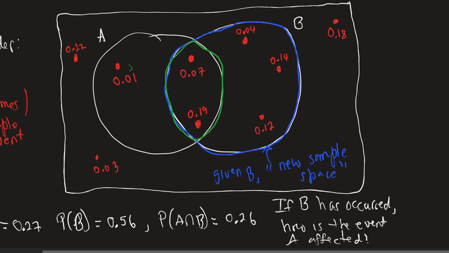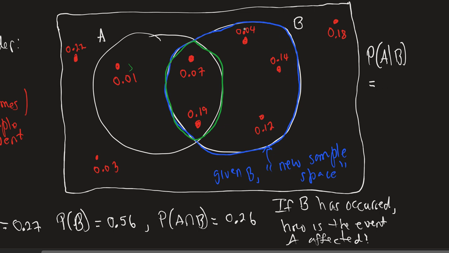So now, if we want to find the probability of A given B, let's use the N notation.